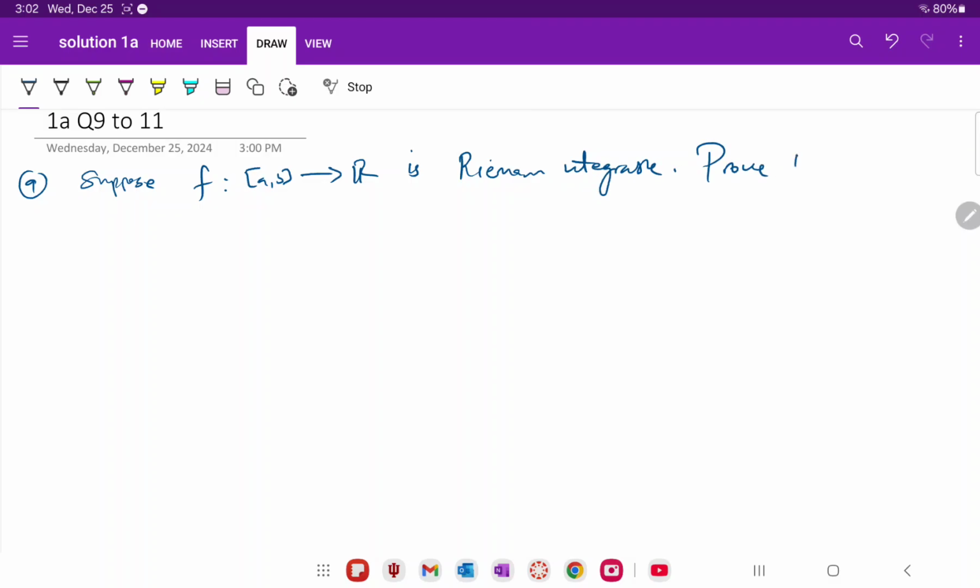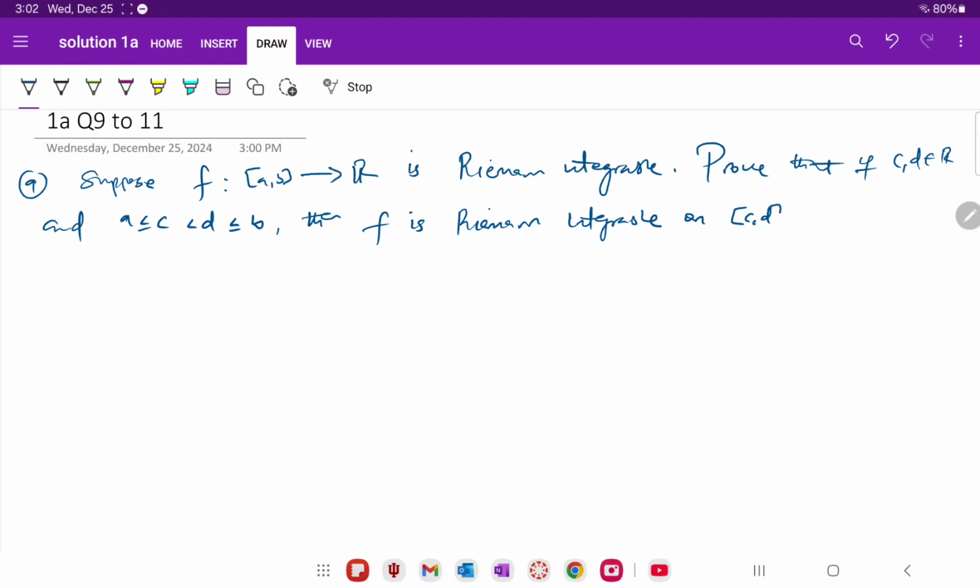Then we have to prove that if c, d belongs to R and a is less than c, less than d, less than or equals to b, then f is Riemann integrable on c, d. So that is, we have our function in this form.